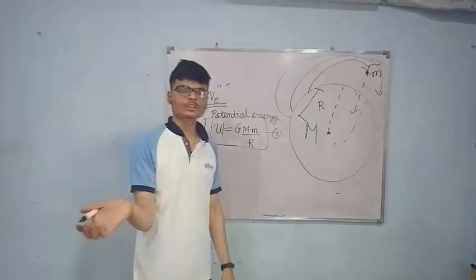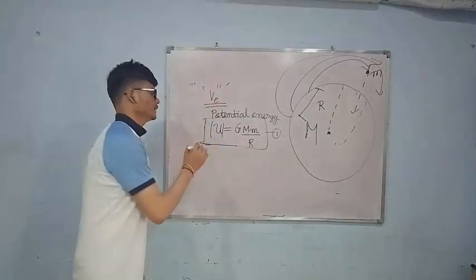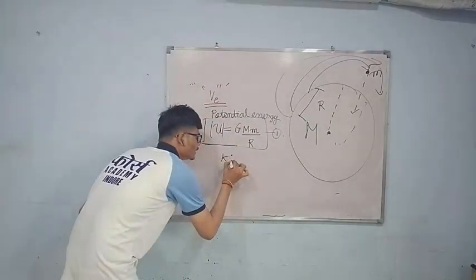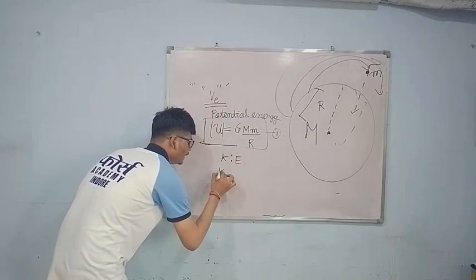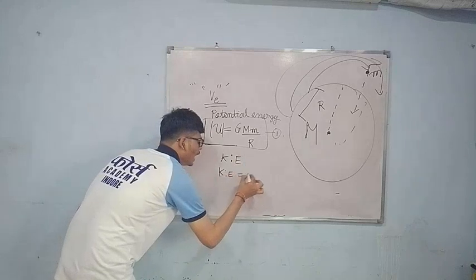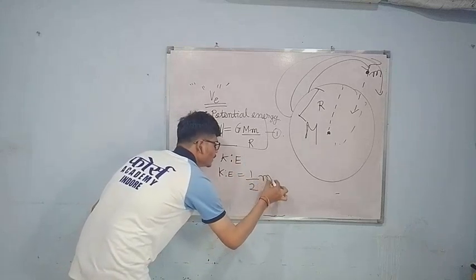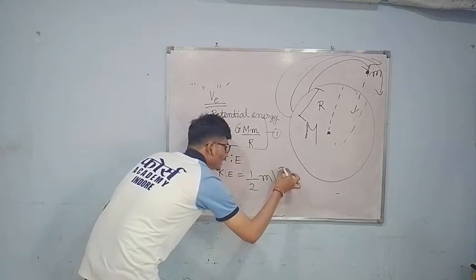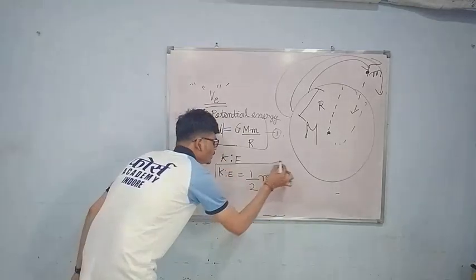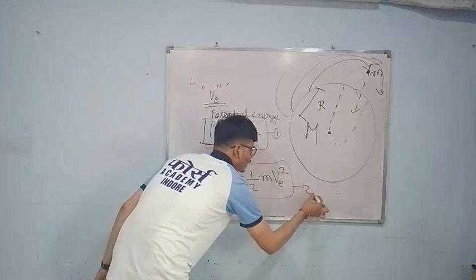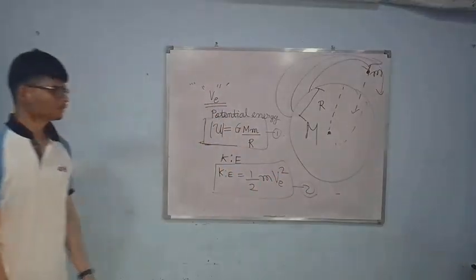Again, when the object is thrown, it attains some kinetic energy. The value of that kinetic energy is KE equal to half m Ve square, taking it as the second equation.